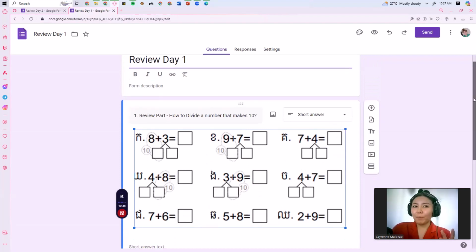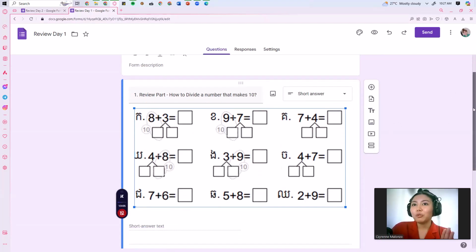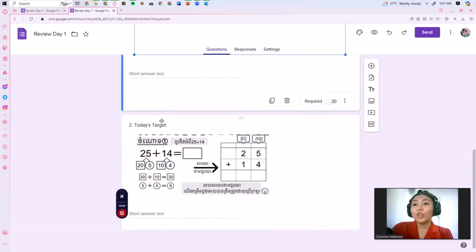For example, yesterday they learned adding small numbers. So for today's review day one, they will have to answer what they learned yesterday. And for part two, we have today's target, adding larger numbers. And this is for your day one.